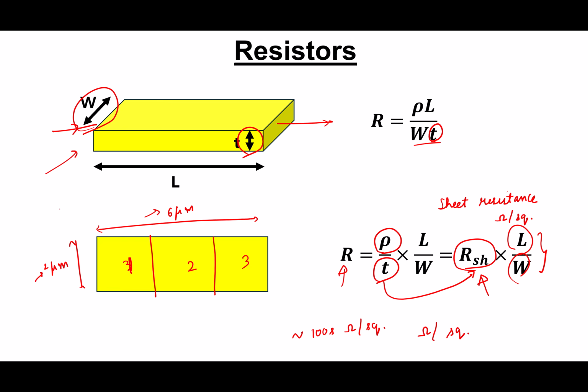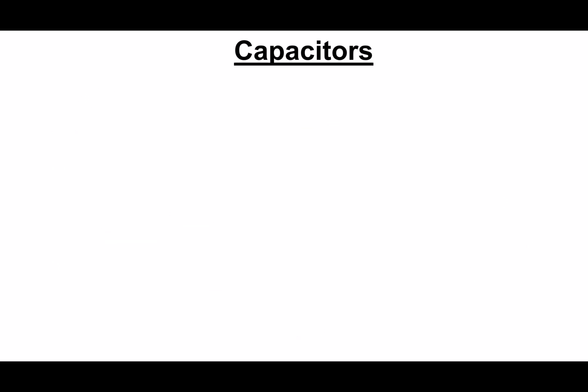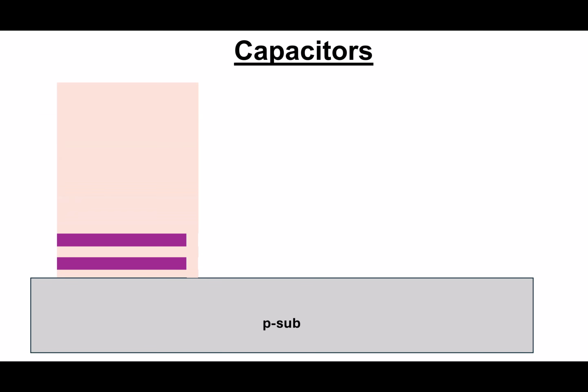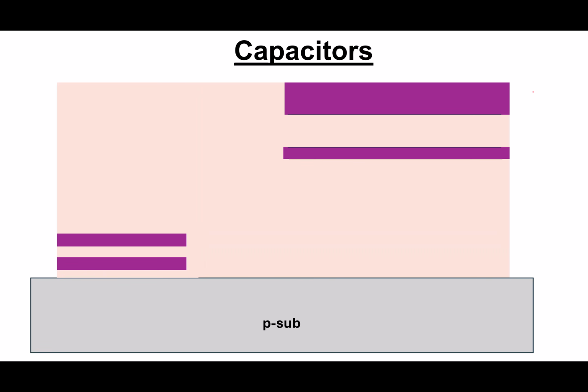Now the resistor is done. So what is next? Capacitor. How do you think we can make a capacitor? Yeah, 2 metals and put some dielectric in between. That's what is done. So let us say we have so many metals available, so there are different options. I can make capacitance between the bottom 2 metals, or I can make capacitance between the top 2 metals, right?